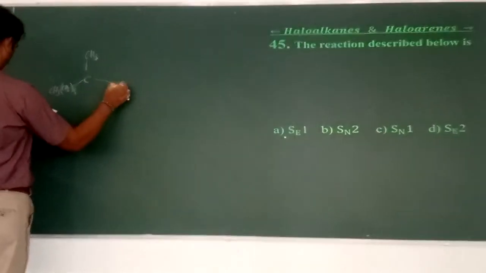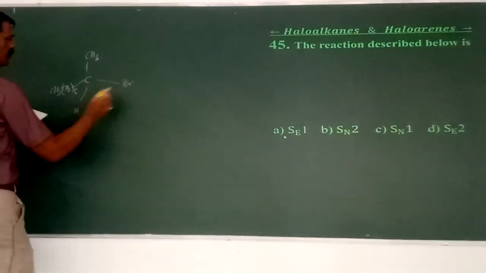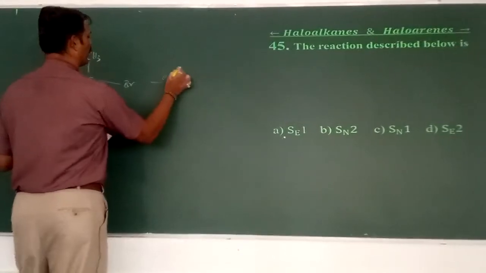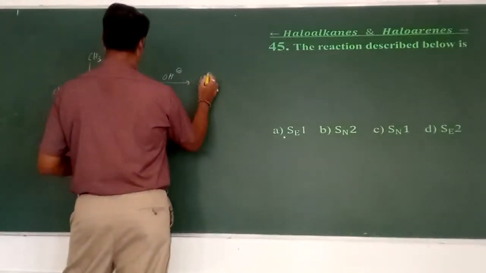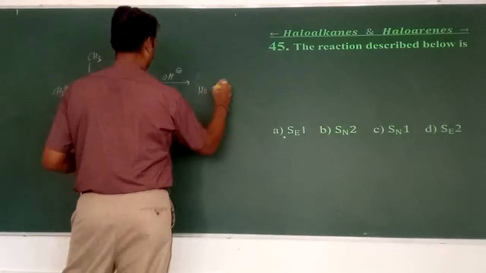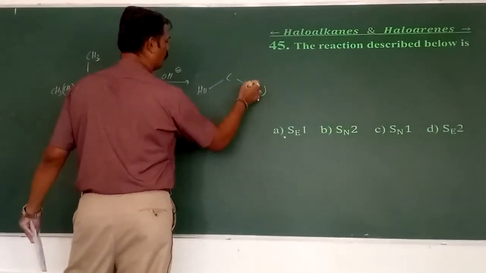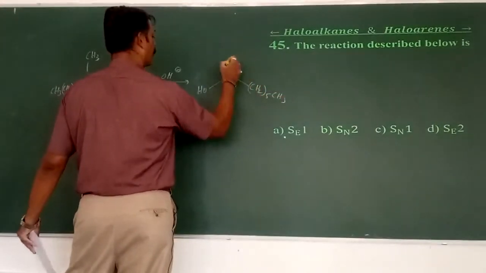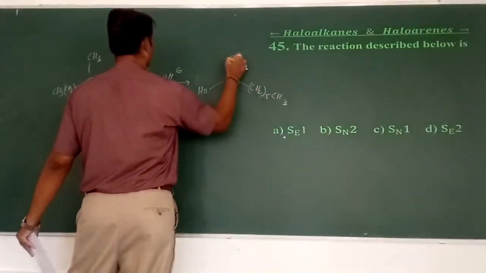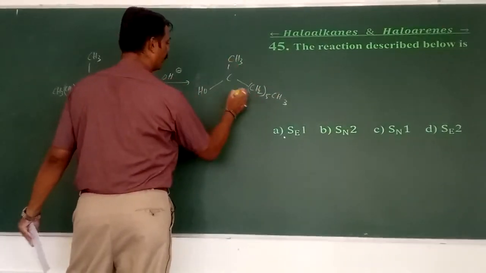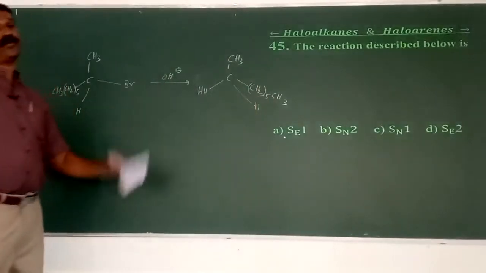CH3, CH2 5 times, CH3, with Br and H. When this is made to react with OH minus, the product obtained is HO, single bond C, CH2 5 times CH3, with CH3 and H. This is the reaction given.